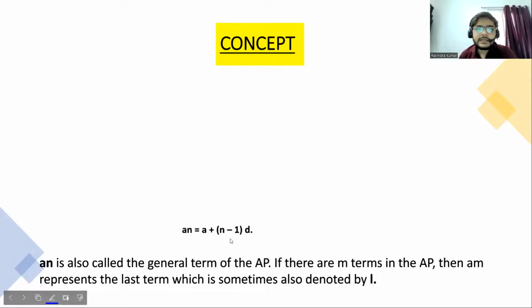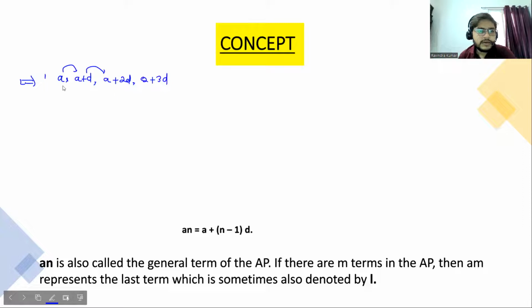What you are observing in the previous slide, I told you in session number 1, if we have to find the standard form of the second term, the third term or the fifth term, what did we do earlier? Let's say this is the first term. For calculating the second term, a plus d. For the third term, a plus 2d. For the fourth term, a plus 3d.